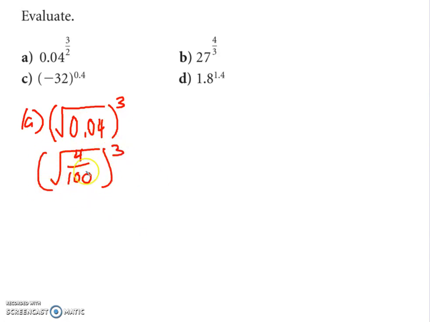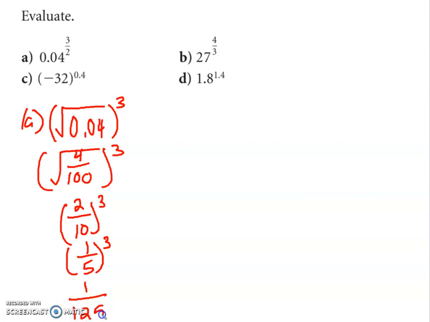So the square root of 4 is 2, and the square root of 100 is 10. And you're welcome to simplify this fraction before you raise it to the power of 3. So we'd end up with 1/5 to the power of 3. So now this is going to become 1 to the power of 3 and 5 to the power of 3. So we end up with 1 divided by 125.